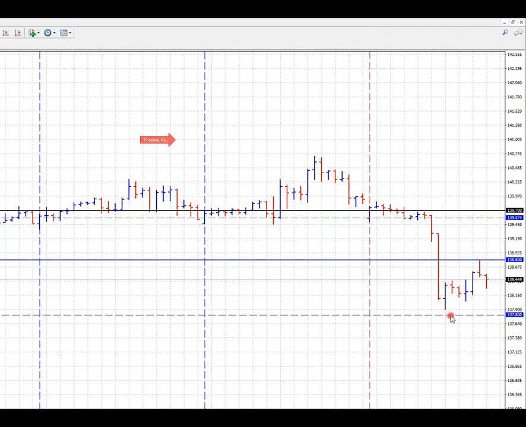An open below 137.53, which is actually below that other trend reactionary number, is going to push us down to the first level of support, around 137.10. So if we open below 137.10 on a 1 hour basis, then we're going back down to 135, the figure. Okay, so those are the big points.